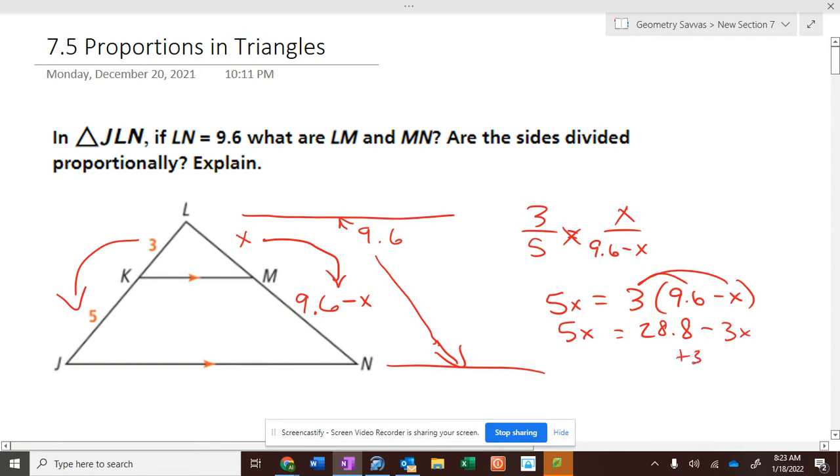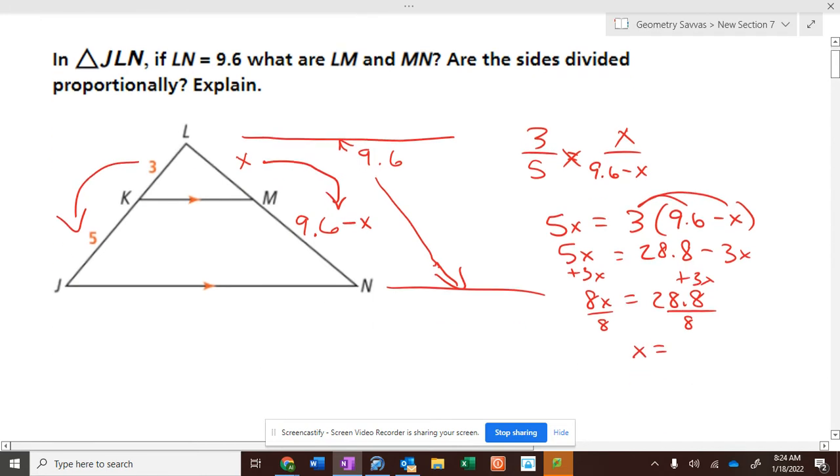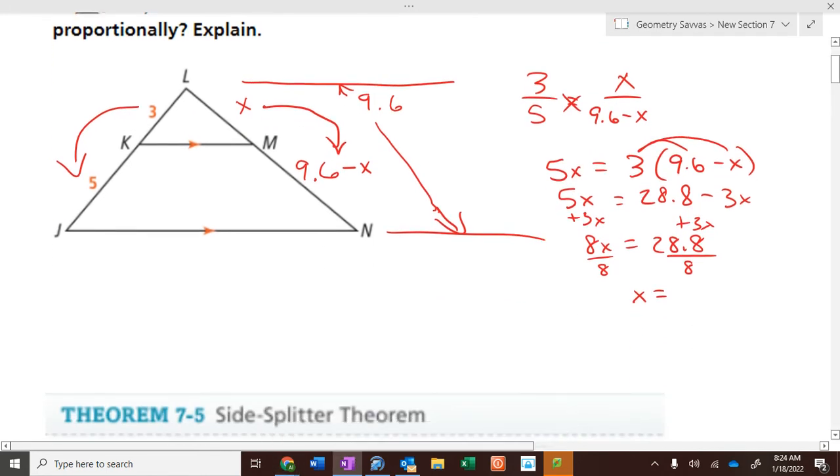If we add 3x, 8x equals 28.8. Somebody, calculadora, por favor. 28.8 divided by 8 is 3.6. So up here we have 3.6, and the whole thing is 9.6. This would be 6. Okay?